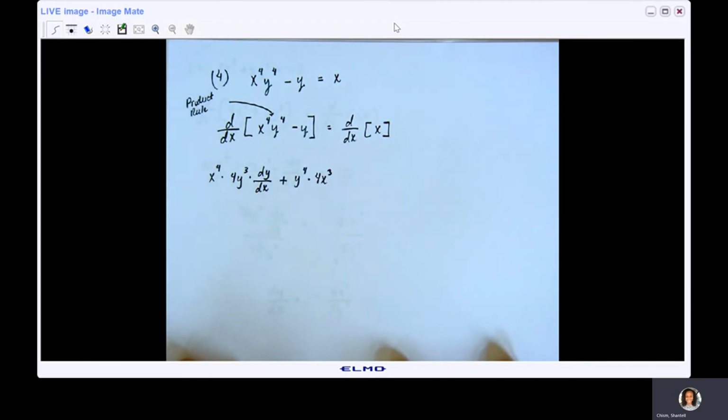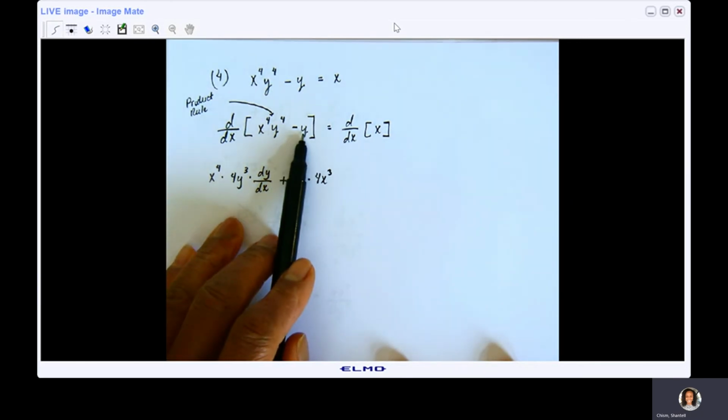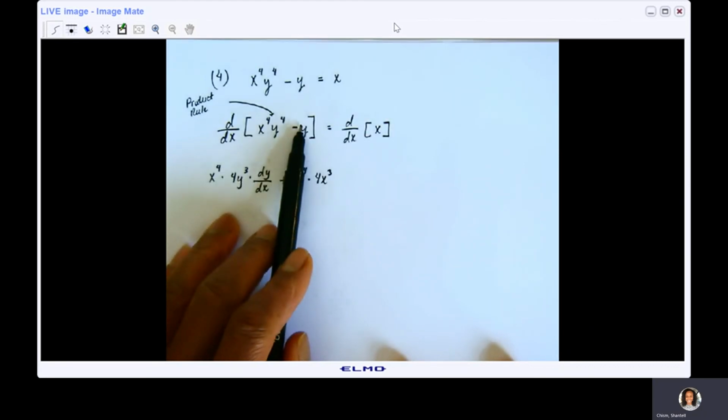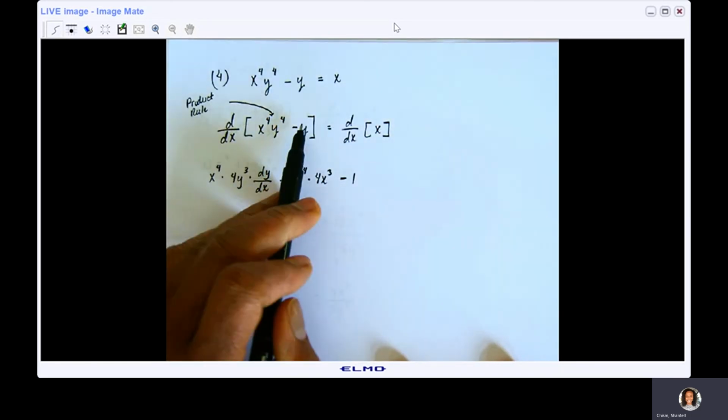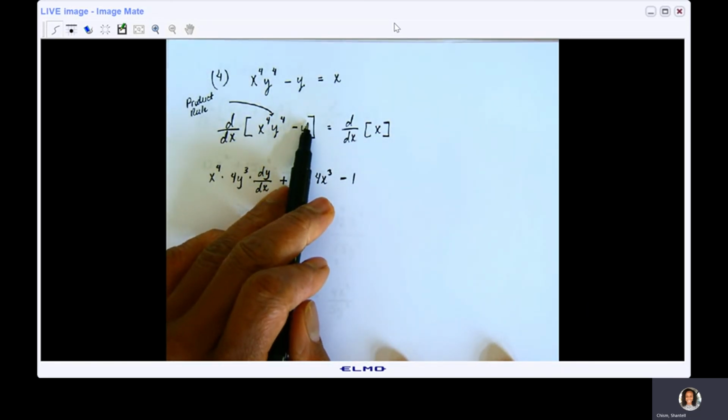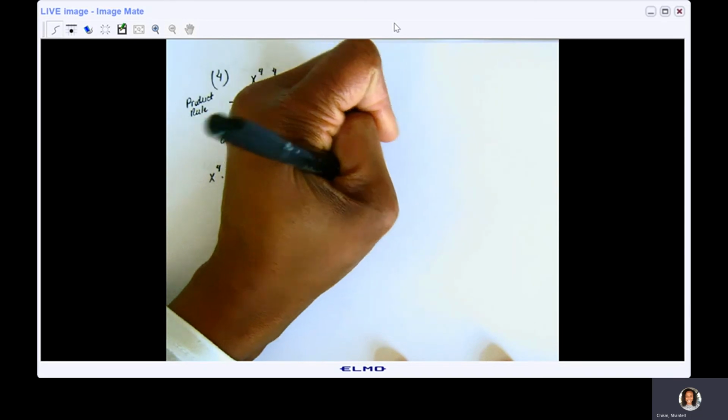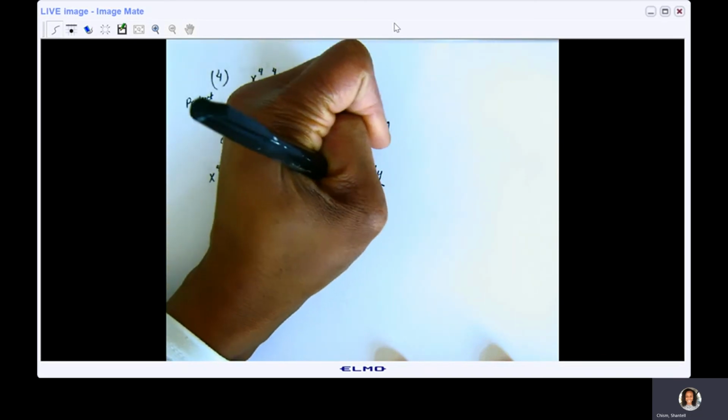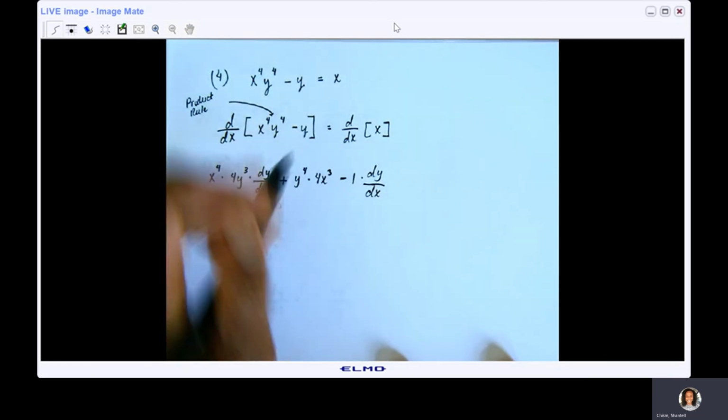And we're going to clean all that up in a little bit. Derivative of y: the outer derivative, you bring the old exponent down, so you've got a 1 there, and then y to the 0 is just 1. Then you've got dy over dx, the derivative of the inside function.